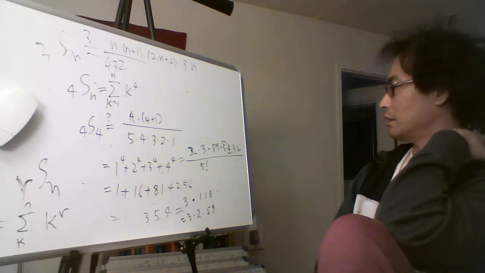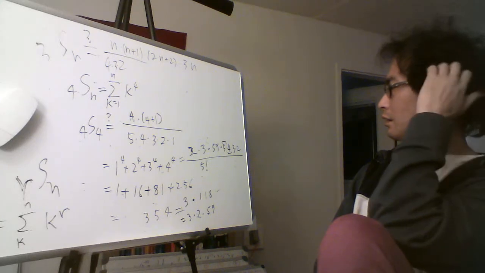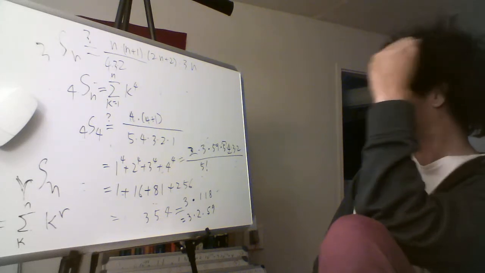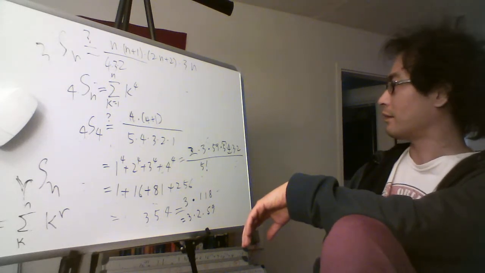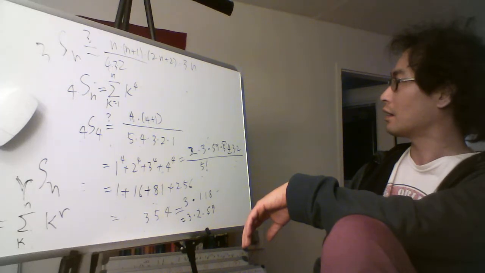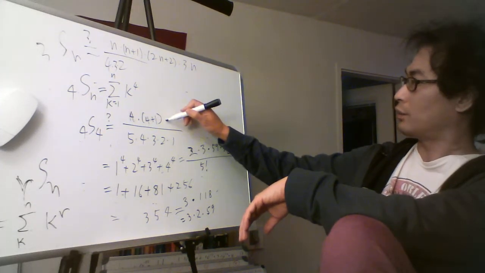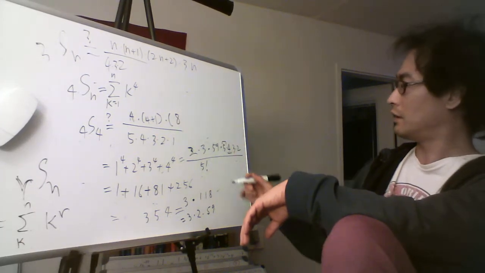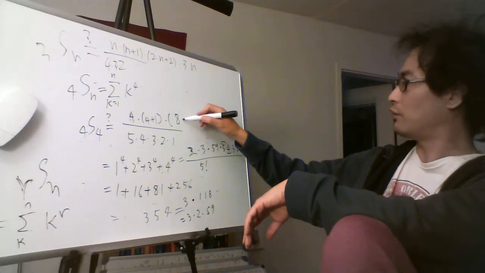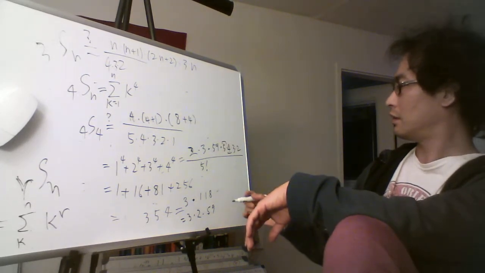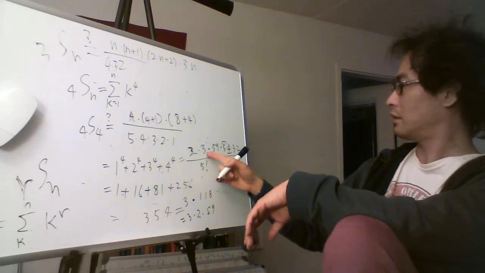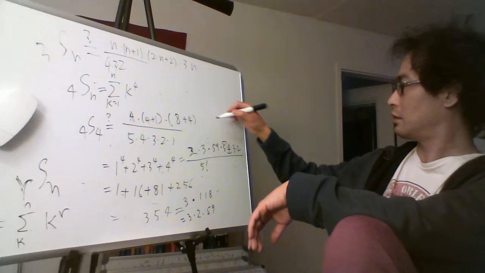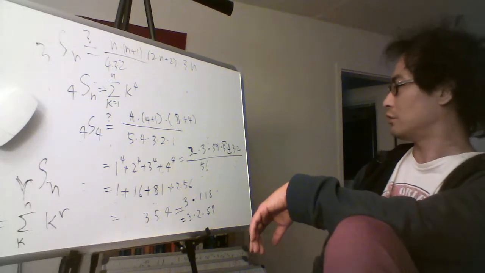Okay, it's 8. 2 times n, what, 8, right? So we have 8 plus 4 maybe. And then we are left with 3. That's not good.